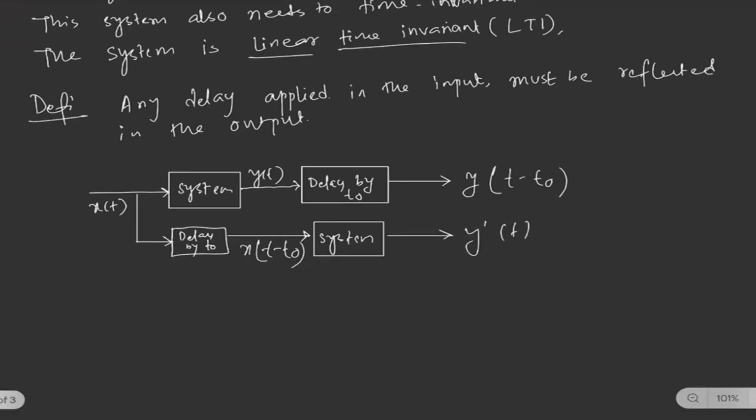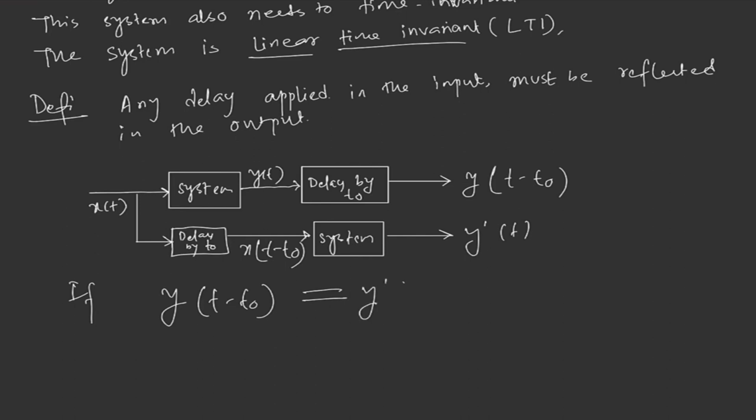So now if y(t minus t naught) equals y dash (t), then I can say the system is time invariant.